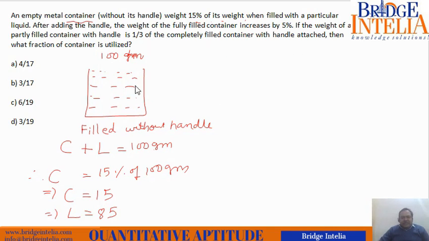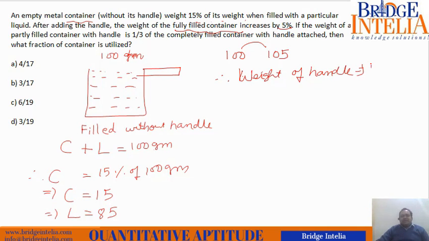Now, if you add the handle, the weight increases by 5%. So the weight of the fully filled container, 100, becomes 105 if you add the handle. So therefore the weight of handle, H, should be equal to 5 grams.